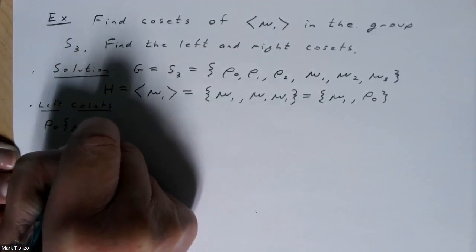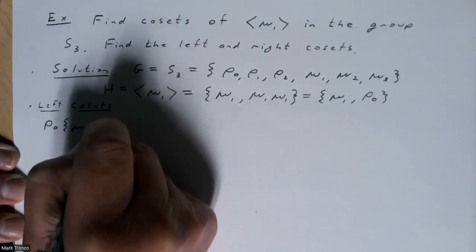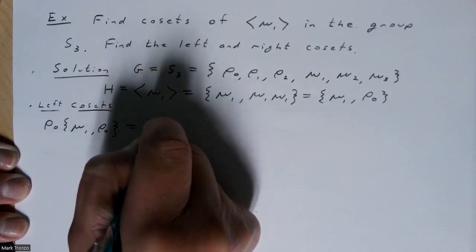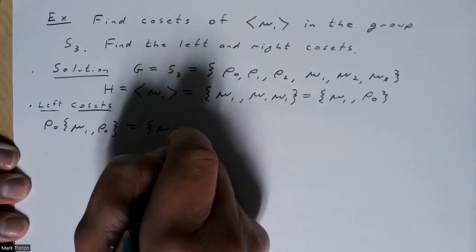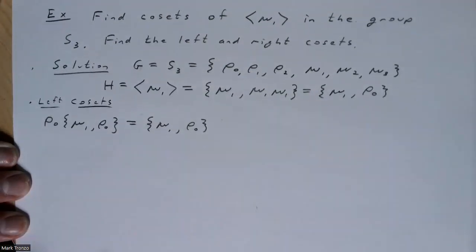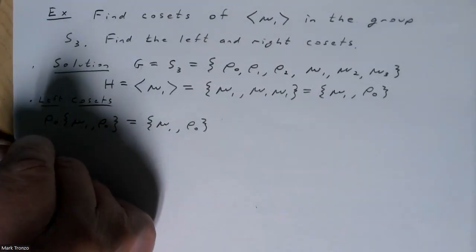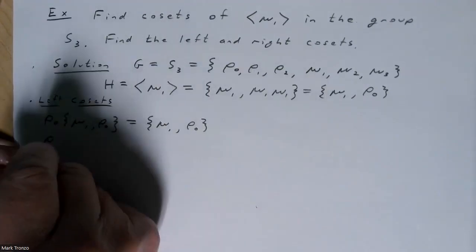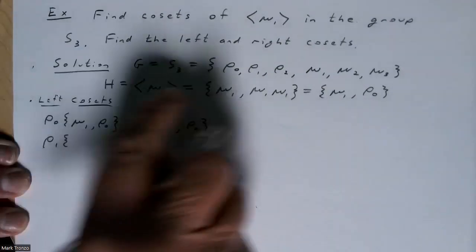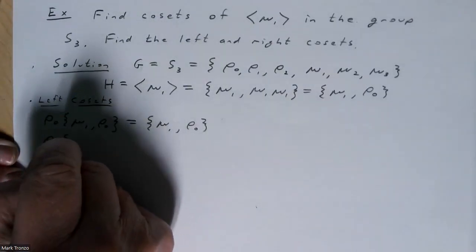Of course, rho naught is the identity, so we're just going to get the set itself back. And then we're going to go to the next one, rho 1. Again, we can stop whenever we see that we get the whole original group partitioned.